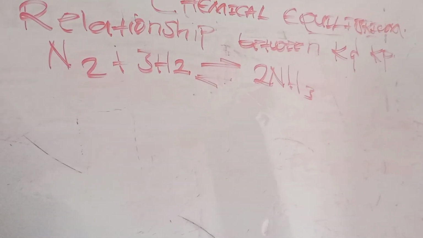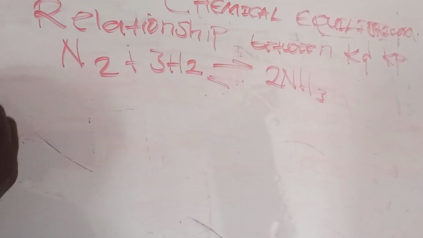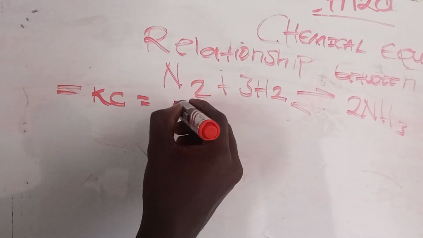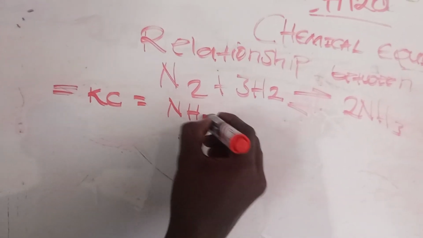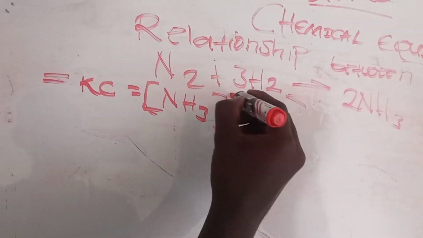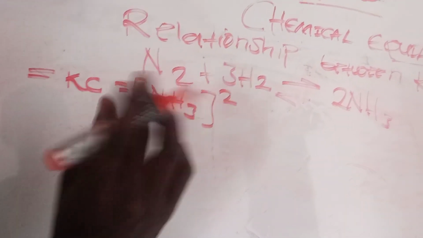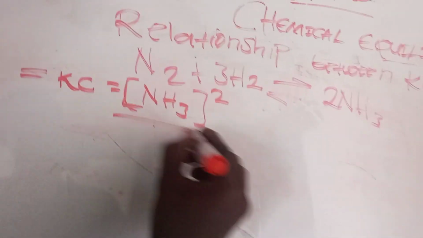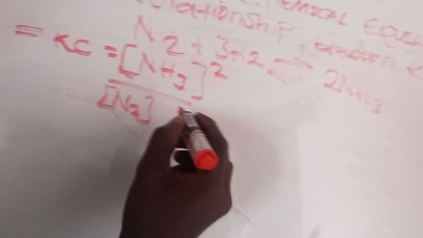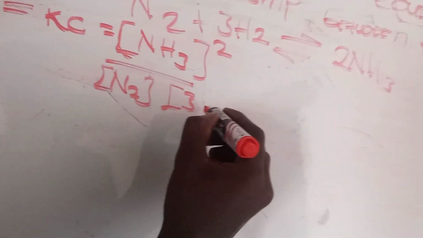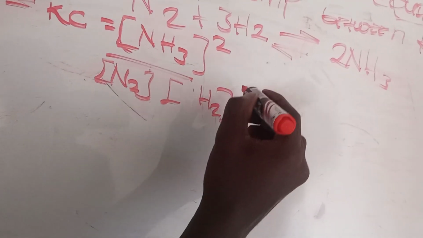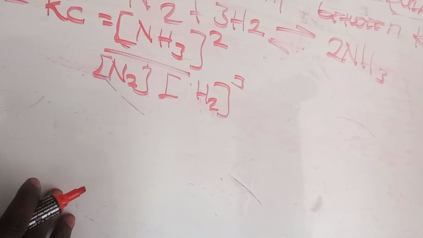What I'm going to do here, first of all, we start with the Kc expression, which is product over reactant. We're going to have ammonia there, the concentration of ammonia to the power 2. This is Kc, hence I'm using concentration. This symbol means concentration, over nitrogen here with no coefficient there. Then we have hydrogen gas there with a coefficient equal to 3.